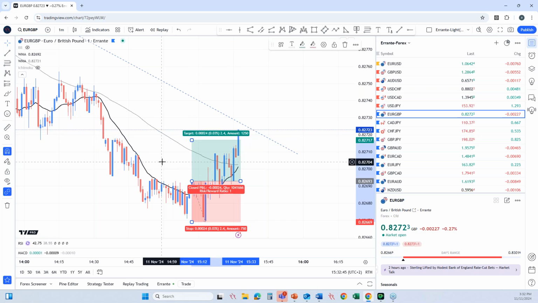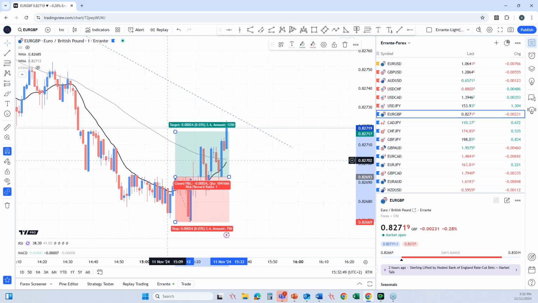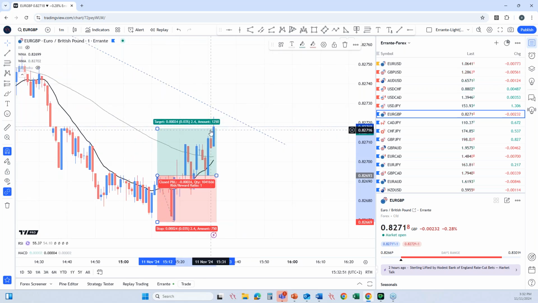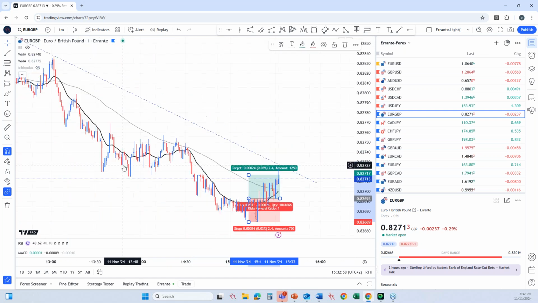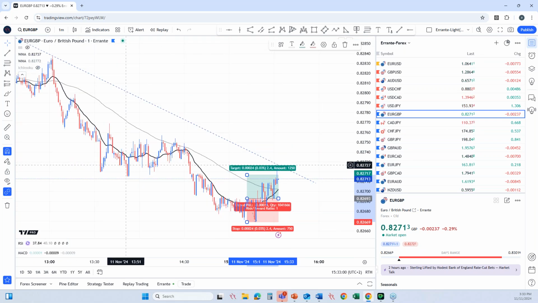If we would have done that, we would have hit this target here. So this is a 1-to-1 reward ratio, and this is a very probable scenario to happen.